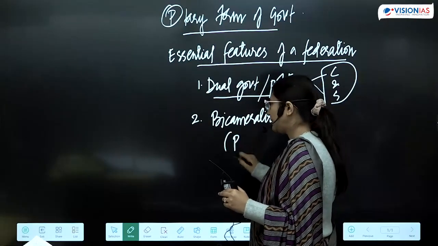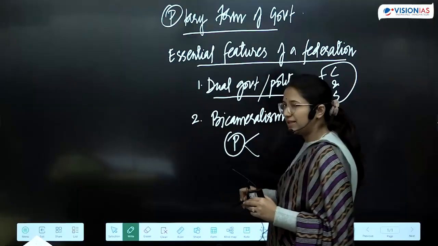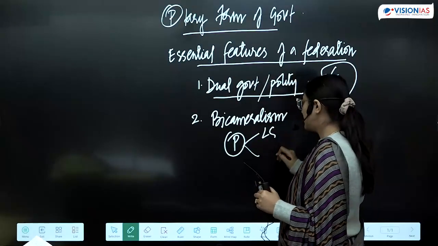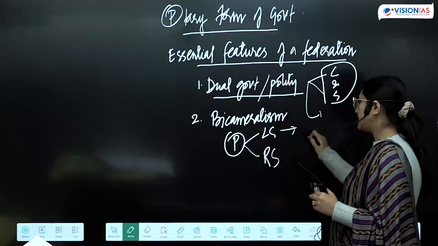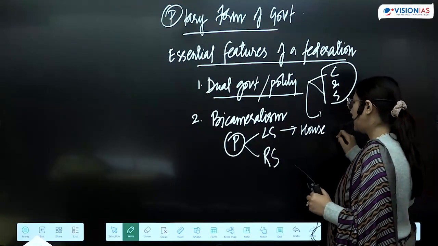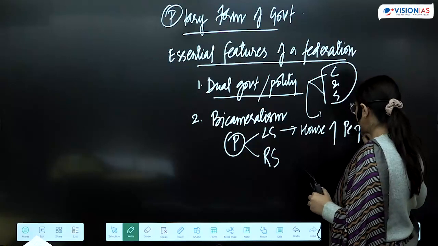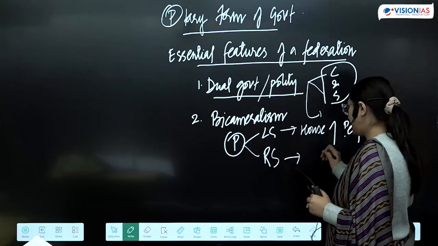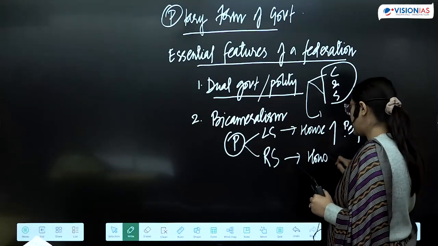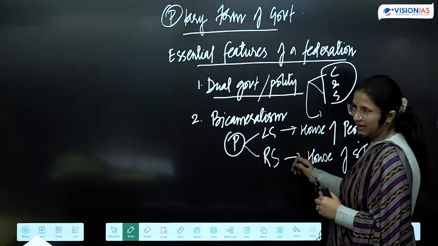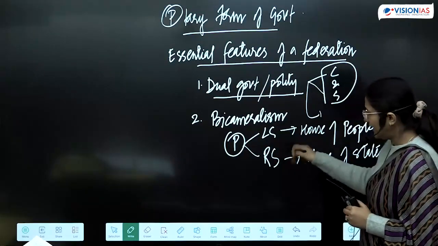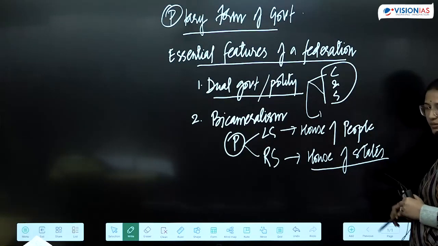For example, the Parliament comprises two houses, the Lok Sabha and the Rajya Sabha. Lok Sabha is the house of the people, and Rajya Sabha is the house of the states. To represent the states at the national level, there is this incidence of bicameralism.